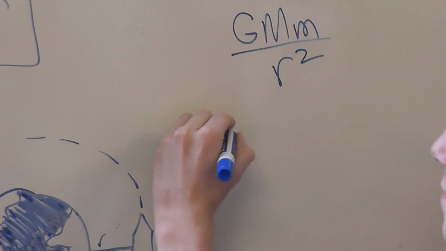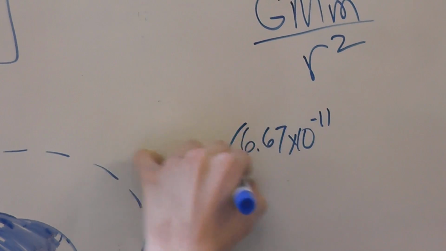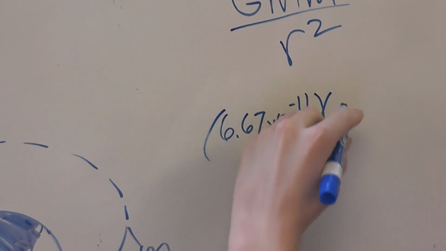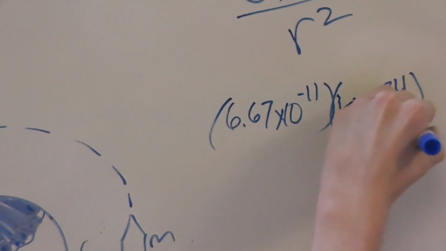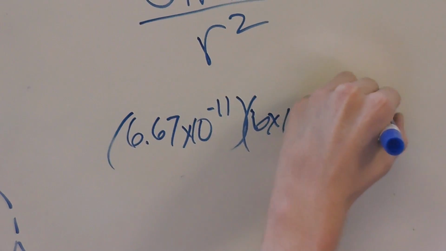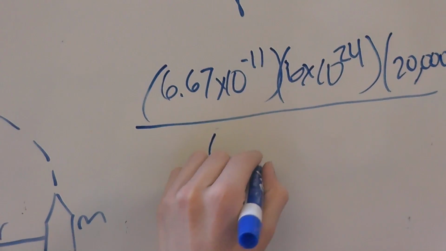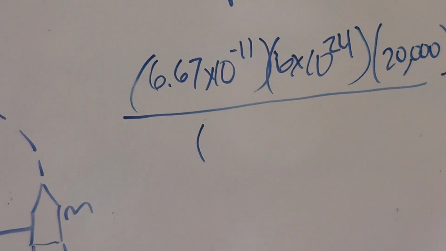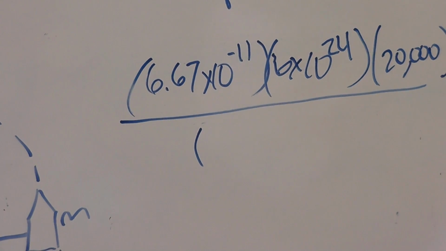So now, G, the gravitational constant, times the mass of the Earth, times the mass of the spaceship, all over the radius from the Earth to the ISS, because that's what he collided with.